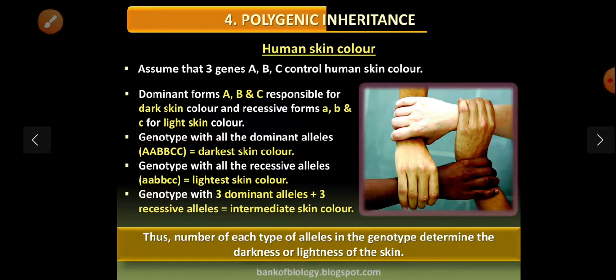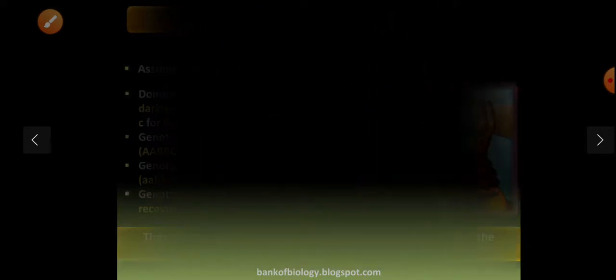A genotype with three dominant plus three recessive alleles gives an intermediate skin color. Thus the number of each type of allele in the genotype determines the darkness or lightness of the skin.